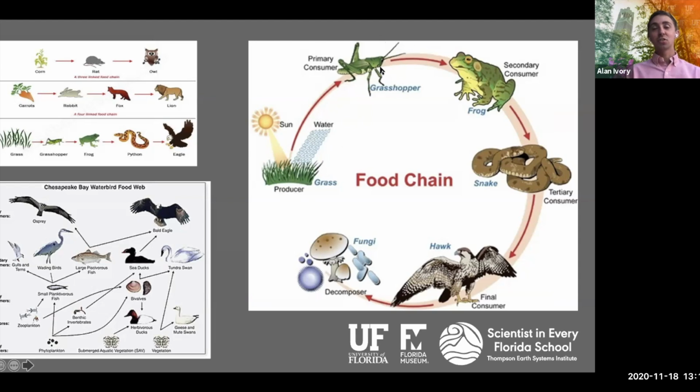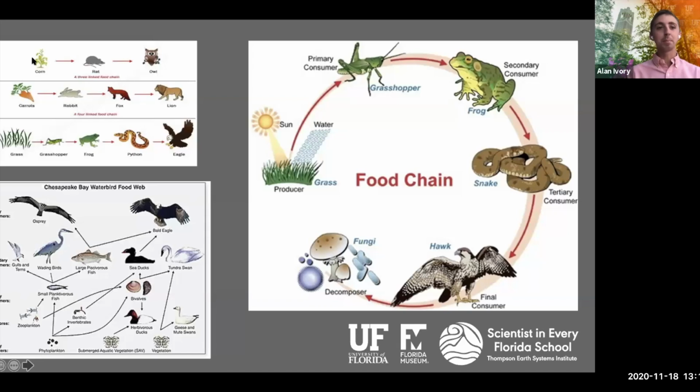And then the grasshopper or the rabbit will get eaten by something. In this case, we're talking about frogs. Frogs will eat the grasshopper, getting its food that way. And then a snake will eat the frog, getting its nutrients that way. And then the hawk will eat the snake. And then full circle, you get down to decomposers like fungi who will break down those nutrients and get nutrients for those plants again. And so it's just a full cycle.